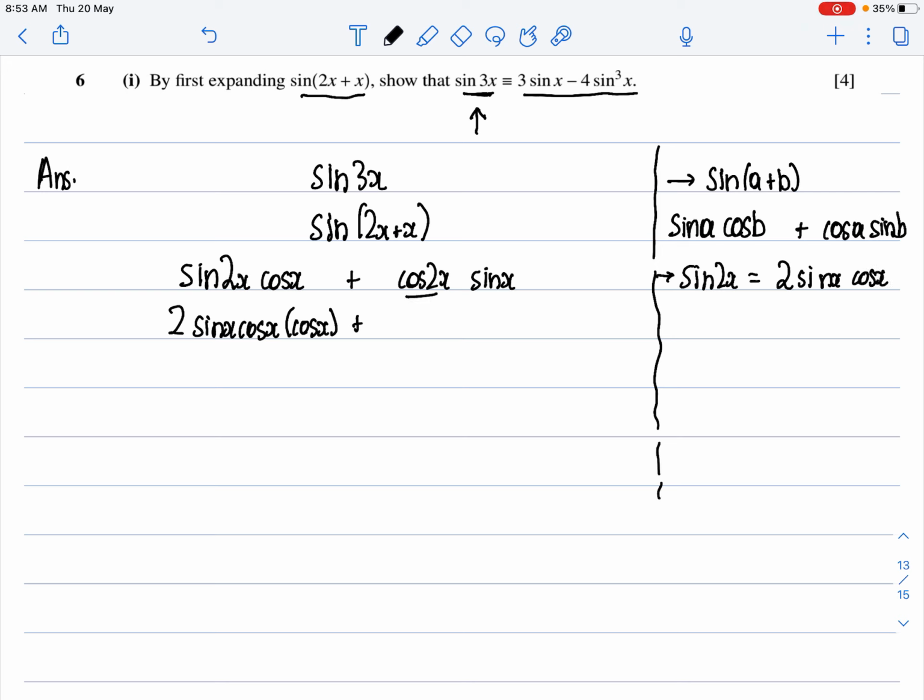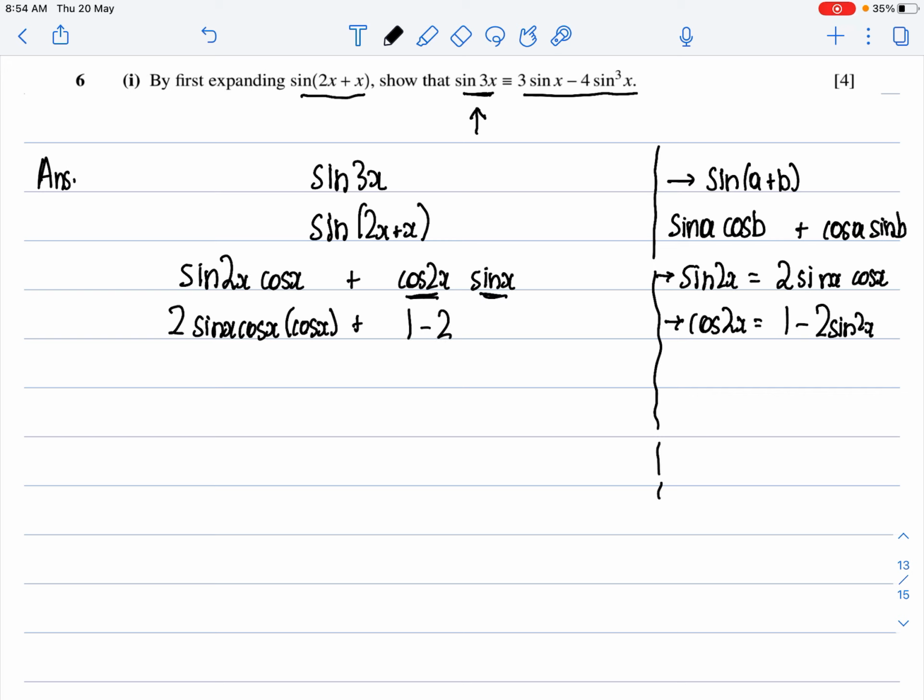Now, I have cos 2x here. So another trigo identity states that cos 2x can be written as 1 minus 2 sine square x. There are two formulas, but you can use this because you have a sine here already.